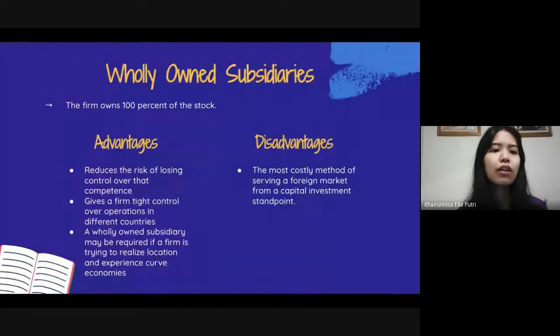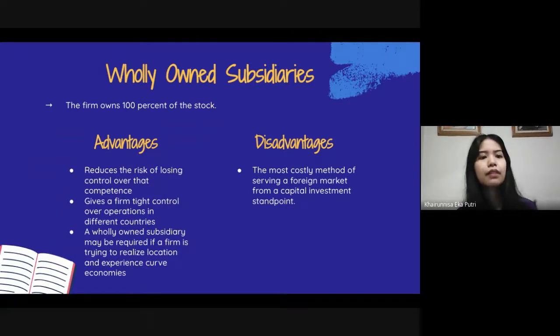The advantages of wholly owned subsidiaries. First, a wholly owned subsidiary will often be the preferred entry mode because it reduces the risk of losing control over that competence. Second, a wholly owned subsidiary gives a firm tight control over operations in different countries.